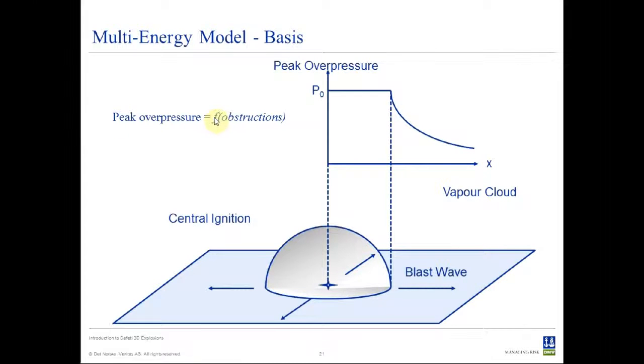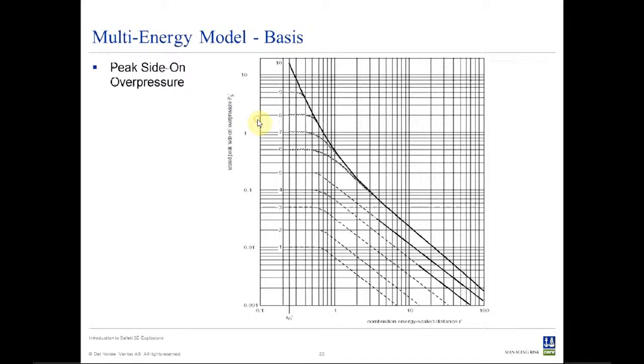The peak overpressure is a function of the obstructions. There are 10 confinement strengths that are defined, and this set of correlations is used to work out what's the peak side-on overpressure and what distance does overpressure reach as the blast wave decays and travels away from the explosion source.